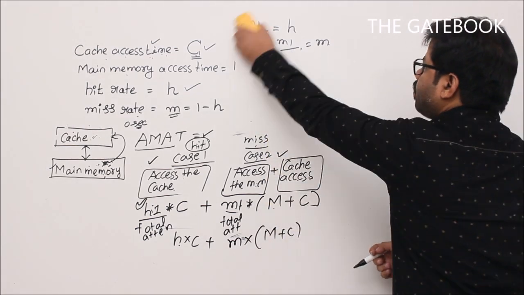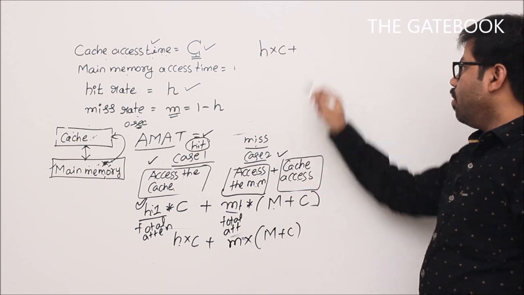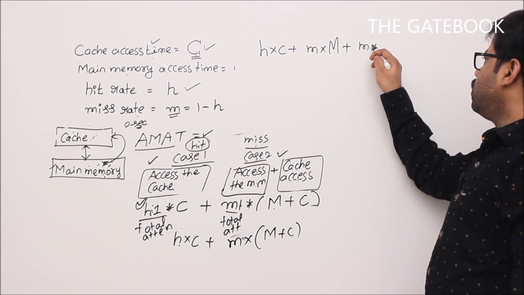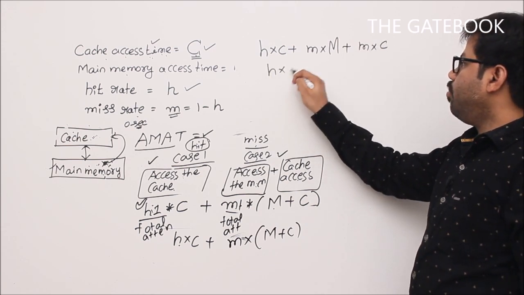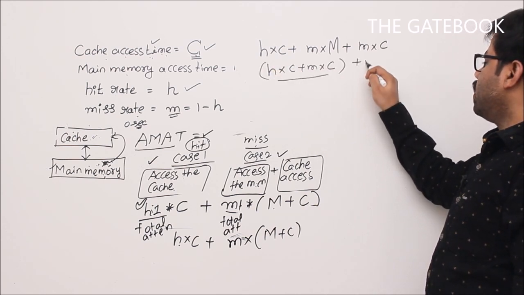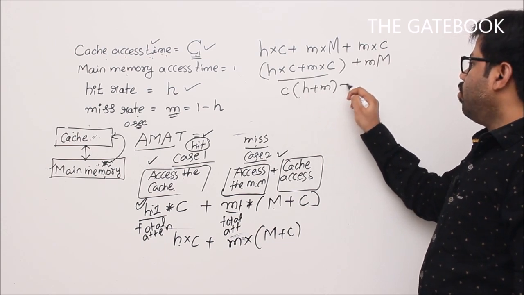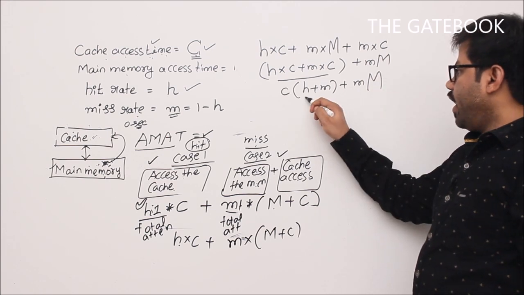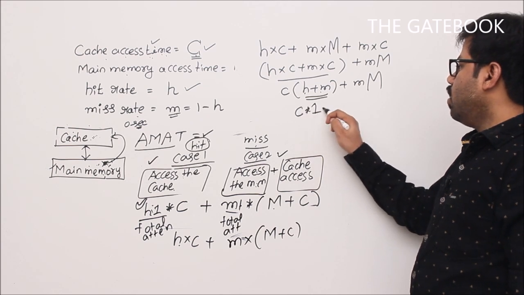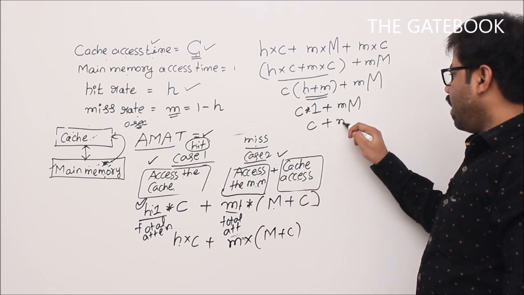So average memory access time is hit ratio × C plus miss ratio × capital M, and miss ratio × C. If you simplify H × C + M × C, C is common, so it will be (H + M) × C. Hit ratio plus miss ratio is always 1. So C × 1 + M × capital M. C × 1 is nothing but C, the cache access time, plus M × capital M.